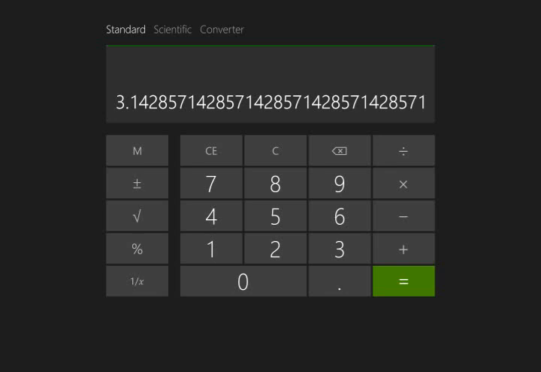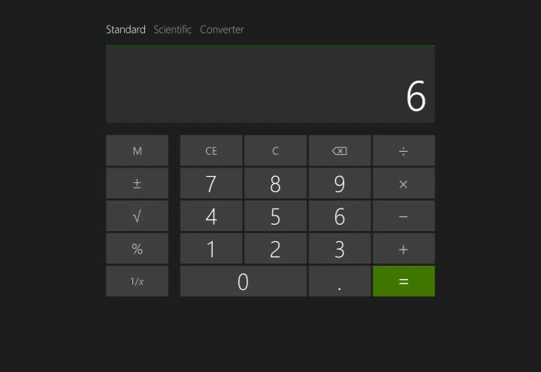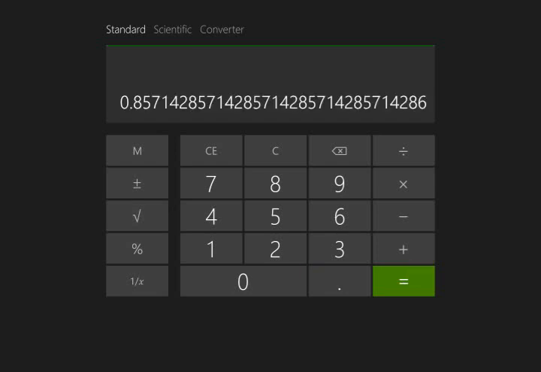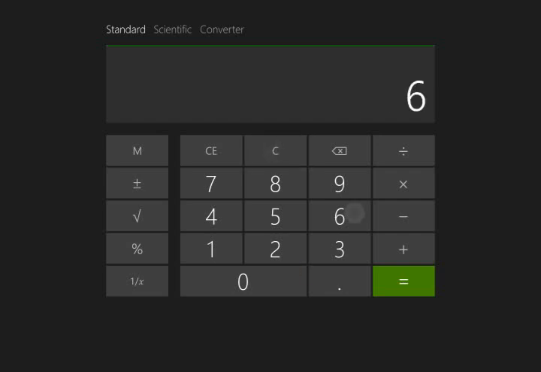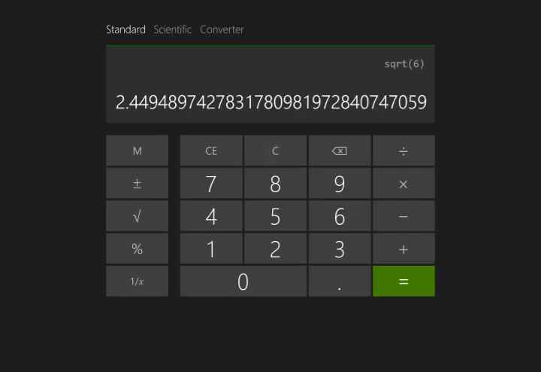They've just approximated it. Same thing that we do with the square root of 6. The square root of 6 is going to be approximated to 2.45. What they've done is just rounded it.